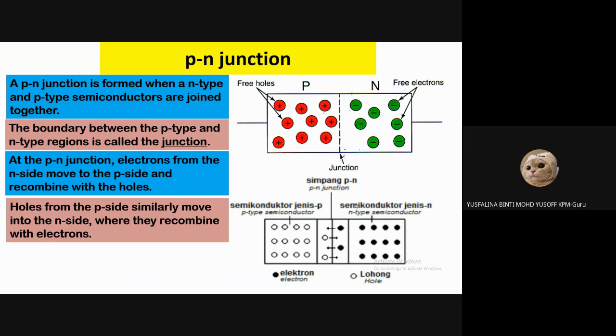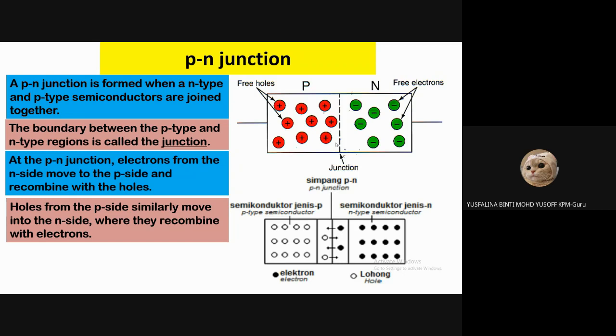Okay, p-n junction. When you combine the p-type and n-type semiconductor, there will be a p-n junction. This is the junction. Whether it is wide or narrow depends on reverse bias or forward bias.